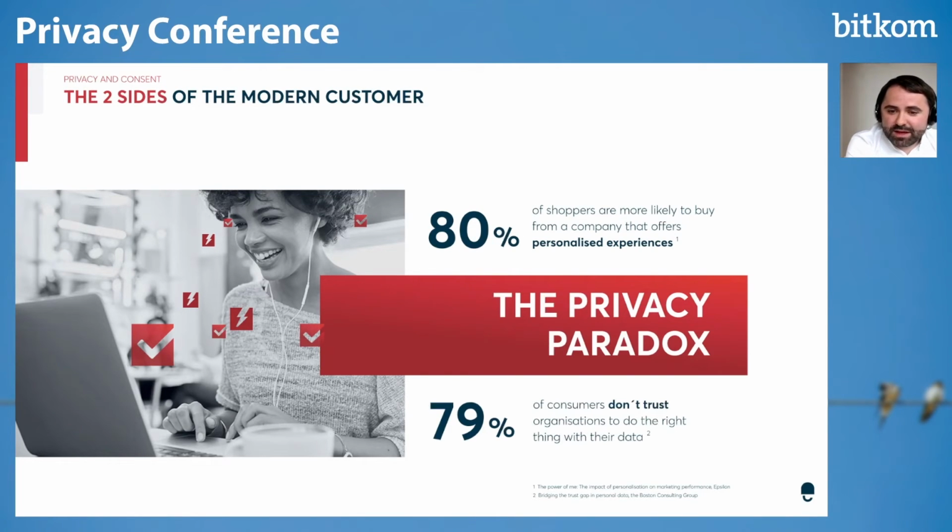And in order to provide these services, organizations need to collect personal data. So this is the privacy paradox. Obviously, we want the best of both worlds, but organizations need to get the balance right.